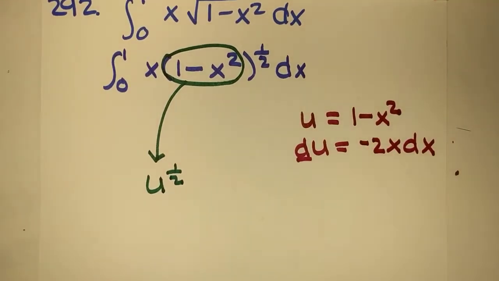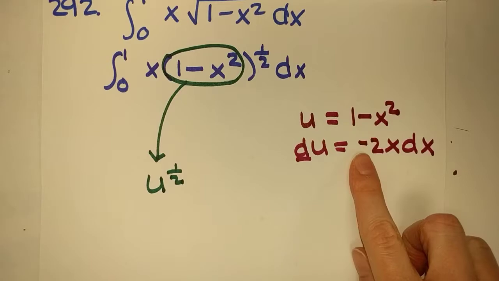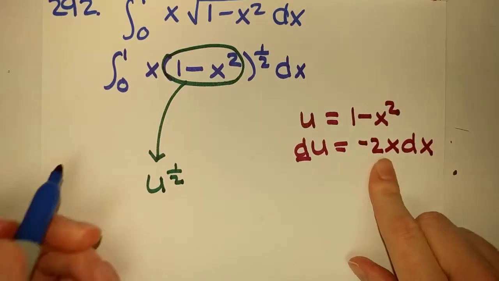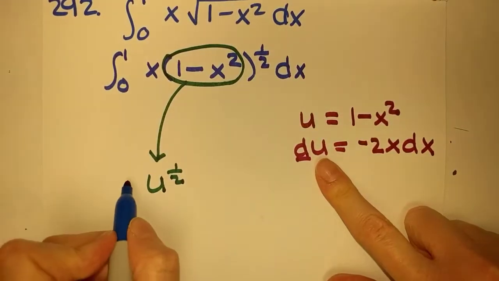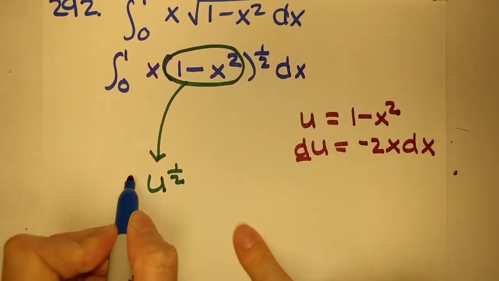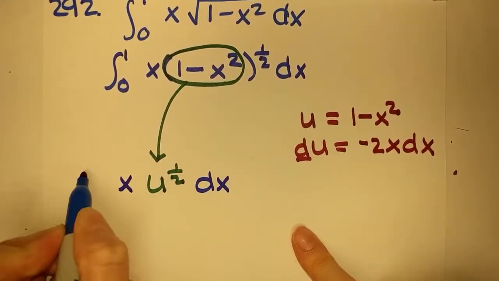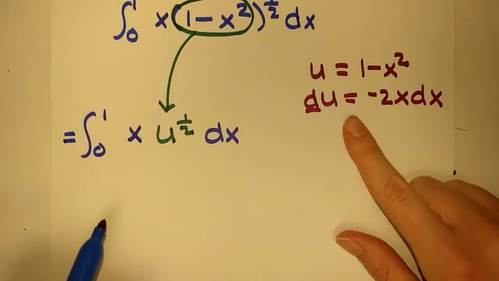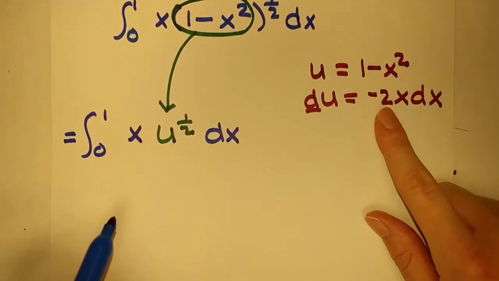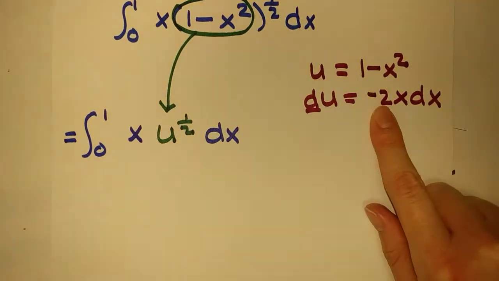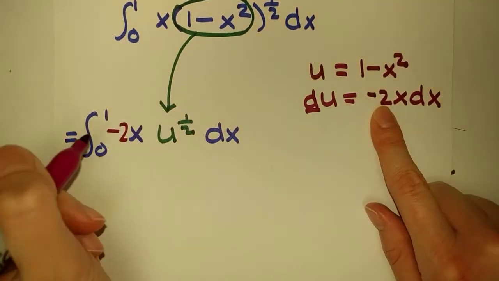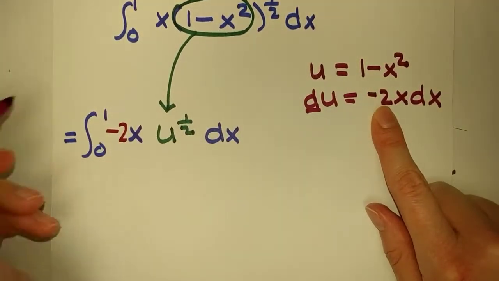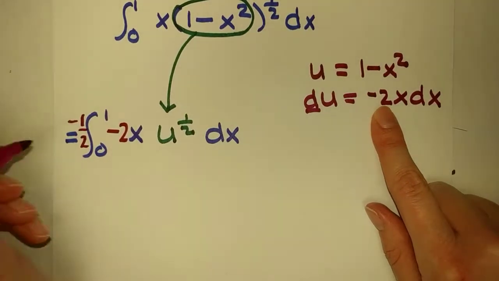Now, that leaves us with the negative 2x dx to get for our du. So when I convert that to u, I'm left with x dx, and I have 0 to 1. To get my du, I'm going to multiply in by a negative 2, and that will give us a change to the integral, so we divide by negative 2.